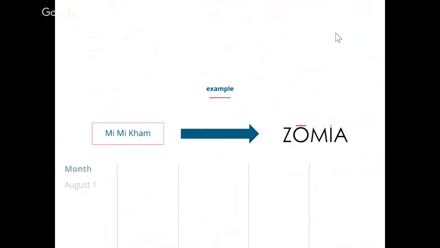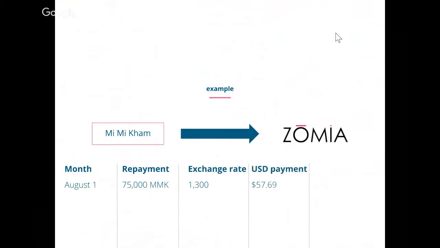On August 1st, Mimi makes her first 75,000 Myanmar kyat repayment, and the exchange rate on that day is 1,300 Myanmar kyat to 1 US dollar. Now, given the exchange rate, this means that 75,000 Myanmar kyat on this day at 1,300 is the same as $57.69.